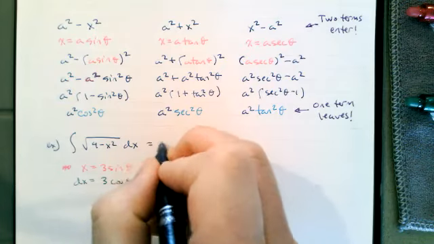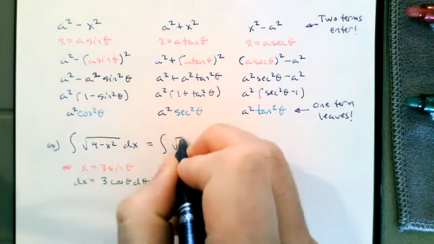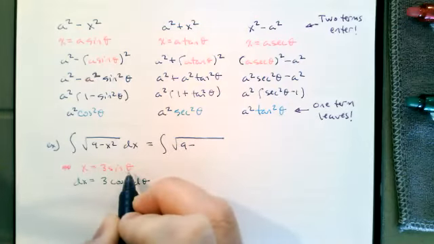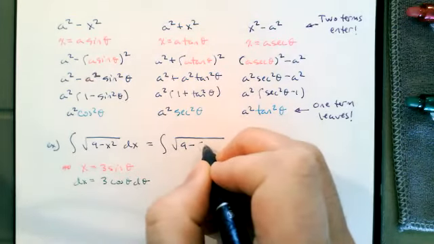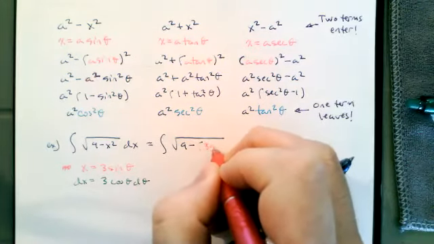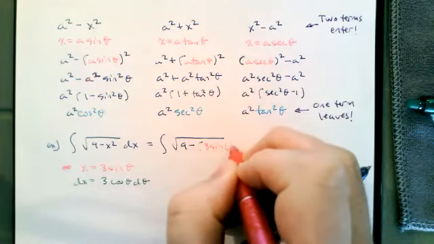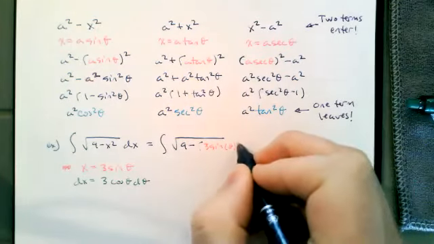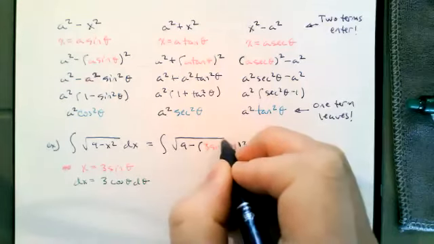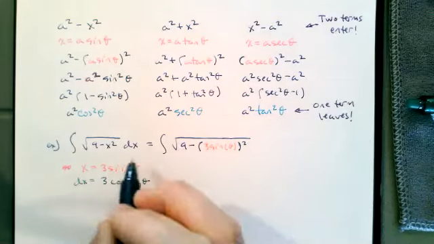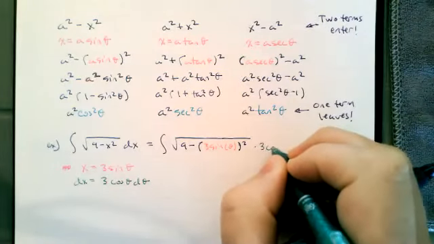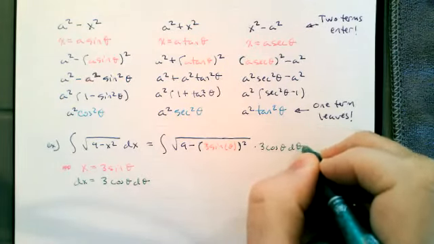So this becomes the integral of the square root of 9 minus 3 sine theta squared, times 3 cosine theta d theta.